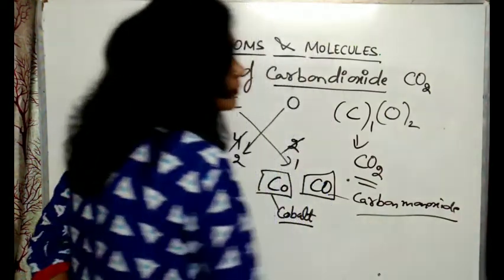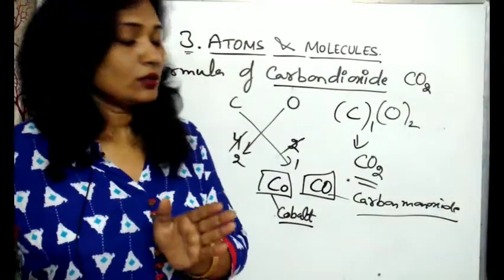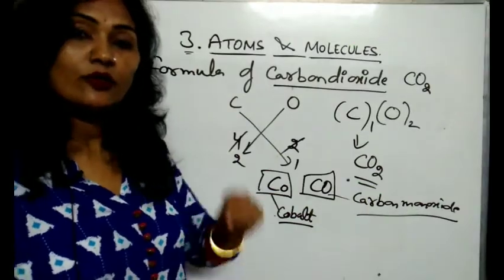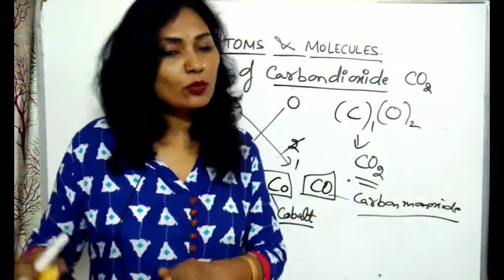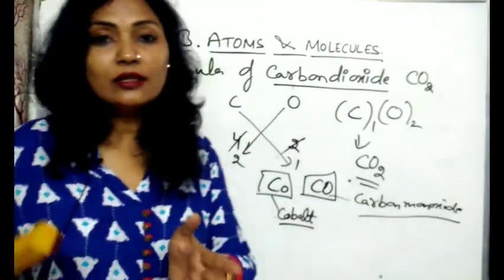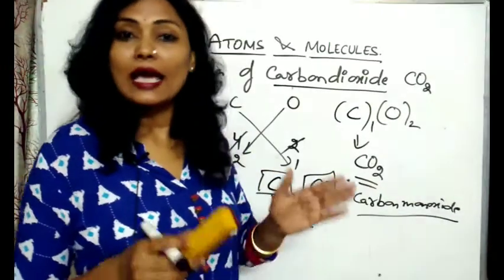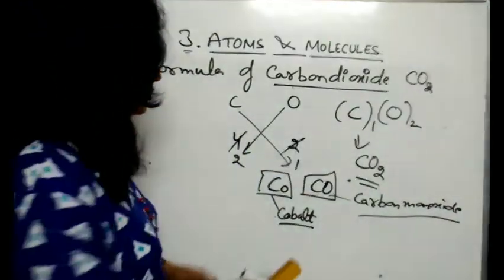So please remember, when writing the symbols of elements, the first is a capital letter and the second one you write in small letter. In a compound you write capital letters, like N is capital, H is capital, NH3, ammonia is formed.